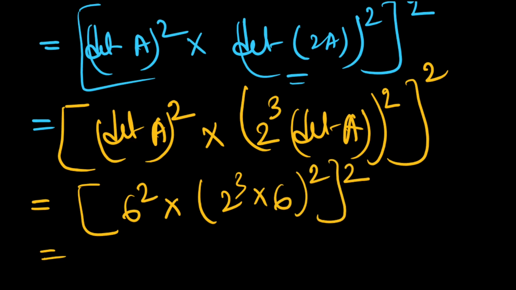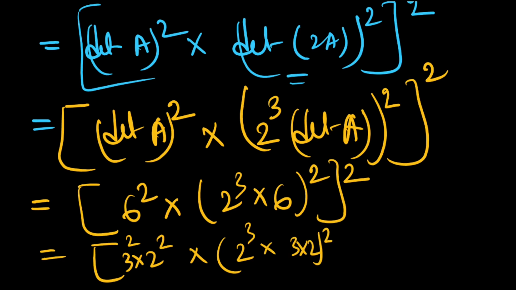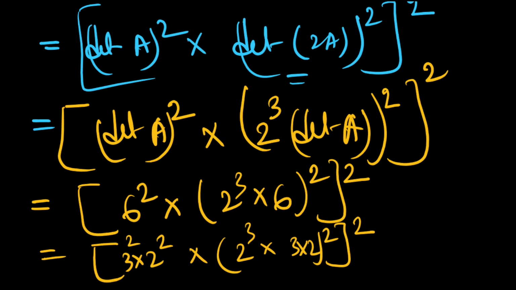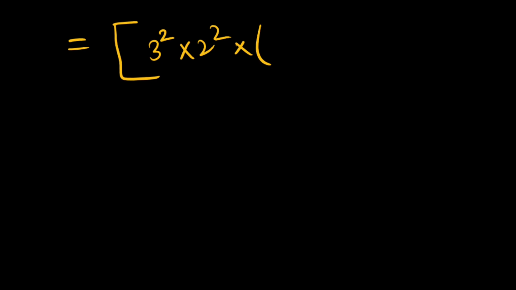So now we break 6 into 3 into 2. So that is 3 square, 2 square into 2 cube into 6 is 3 into 2, and square. Therefore if we calculate it, 3 square multiplied by 2 square into 2 cube, that is 2 power 4, 2 power 4 multiplied by 3 square, whole square.